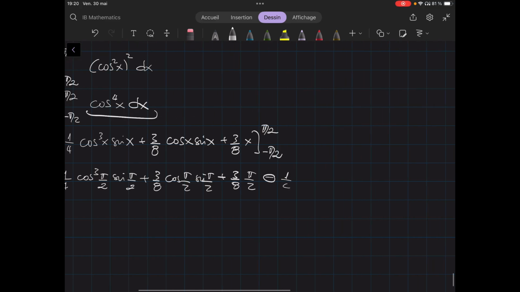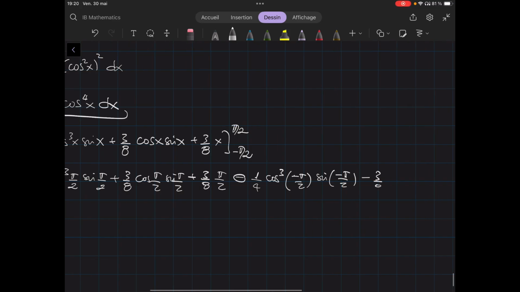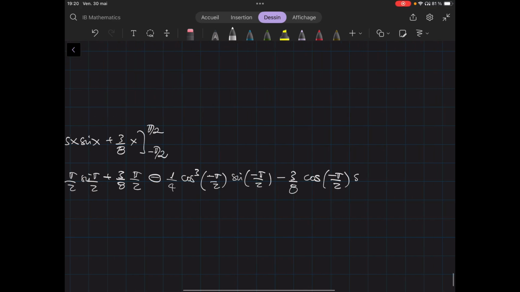So that's 1 by 4 cos cube of negative pi by 2 sine of negative pi by 2 minus 3 by 8 cos of negative pi by 2 sine of negative pi by 2 and 3 by 8 of negative pi by 2. This expression is getting long.